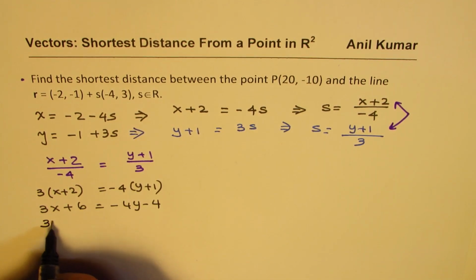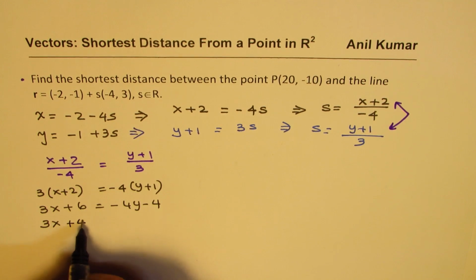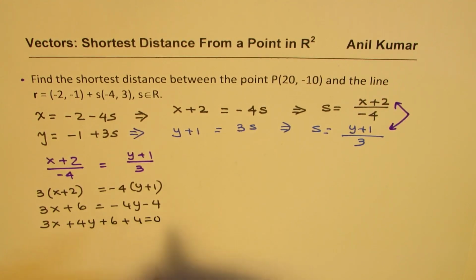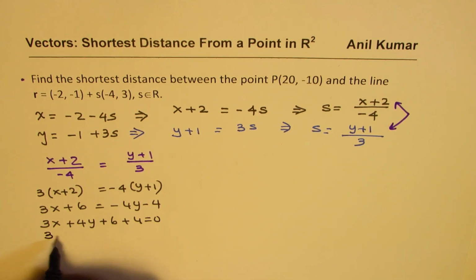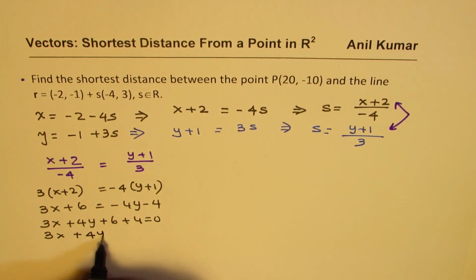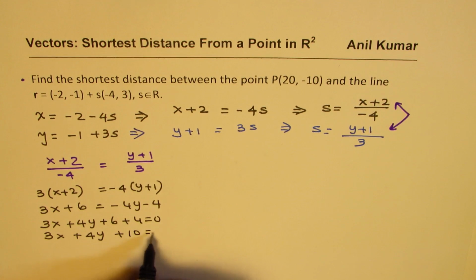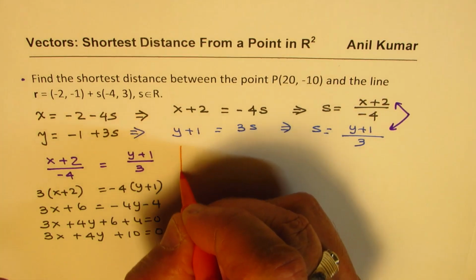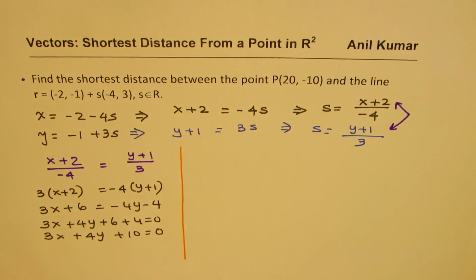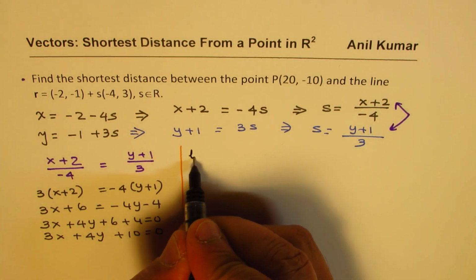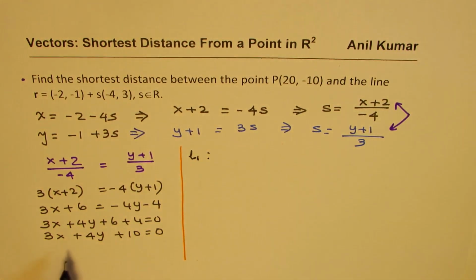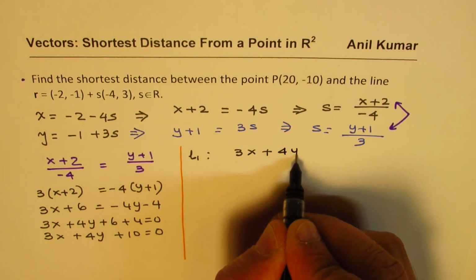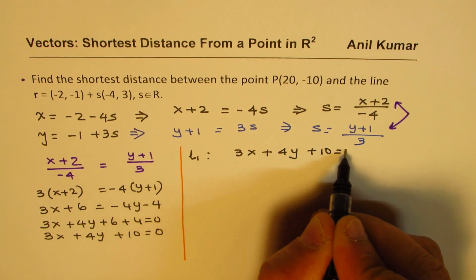So we get 3x plus 4y plus 6 plus 4 equals to 0. So that gives you the equation 3x plus 4y plus 10 equals to 0, correct? So that becomes your scalar Cartesian equation in R2, right? So we have the equation of our line as 3x plus 4y plus 10 equals to 0.